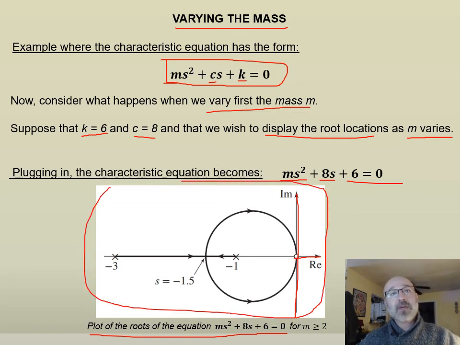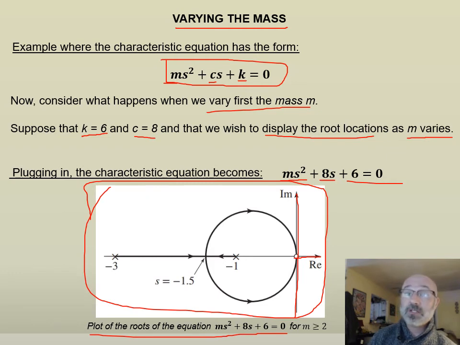So now that I've given you that Excel sheet for our k's varying, what I would encourage you to do is play around with that Excel sheet and set the values that we've used in the last couple of slides for varying our mass and varying our c, with set values for the other two.